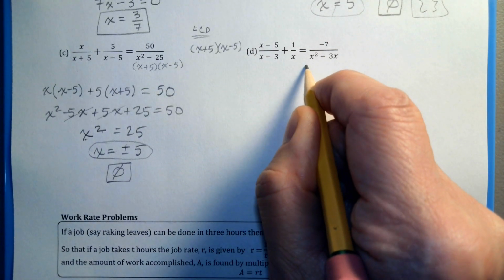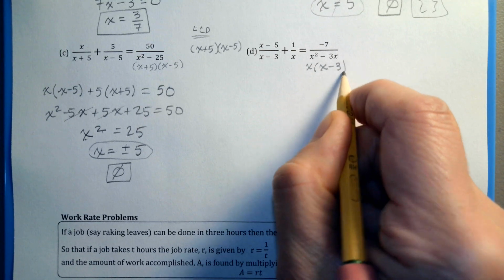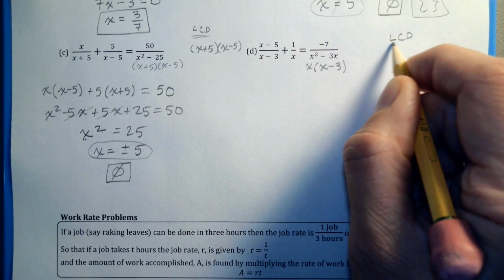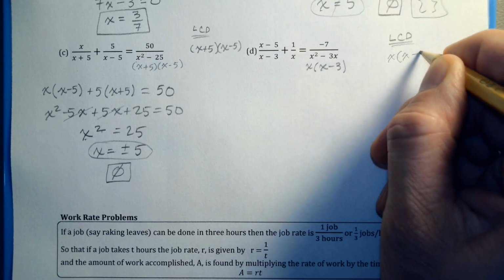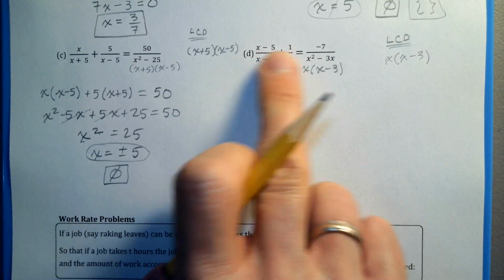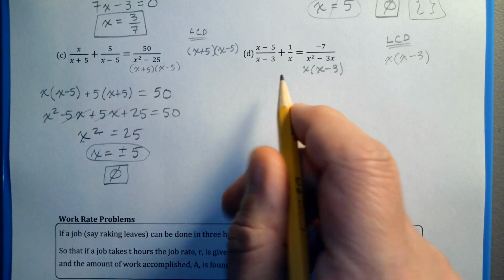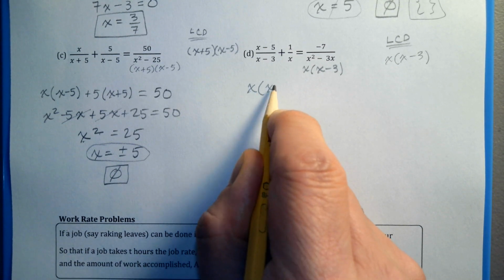All right, I'm going to go ahead and factor this part, this denominator. And so I think you can see pretty clearly the LCD is x times x minus 3. And when I multiply this by that, the x minus 3 cancels. So that's going to leave the x times the x minus 5.